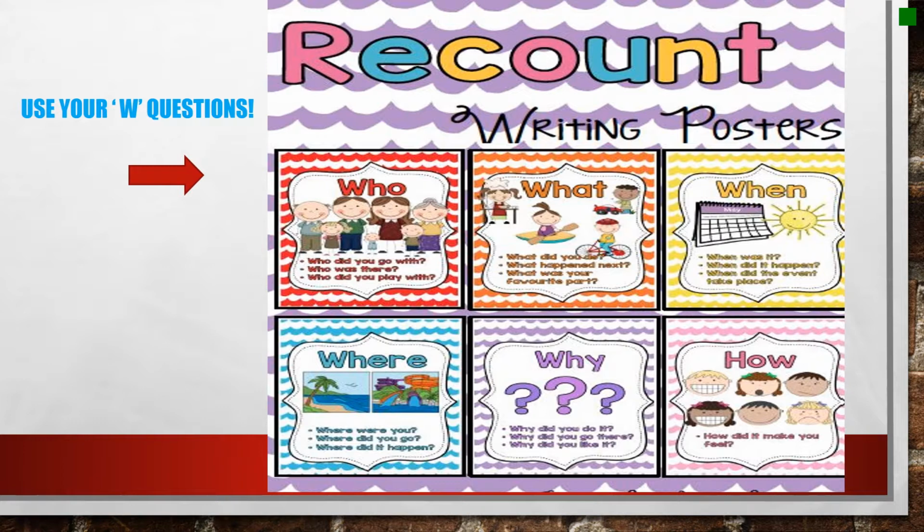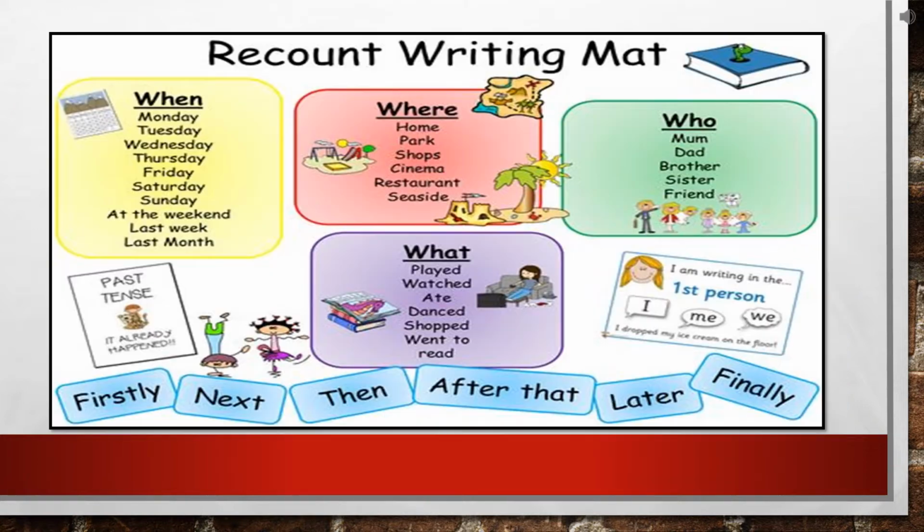When did the event take place? Where were you? Where did you go? Where did it happen? Why? Why did you go there? Why did you like it? And then you can also ask the how. How did it make you feel? Maybe you can put that at the end. That would be a very good idea.